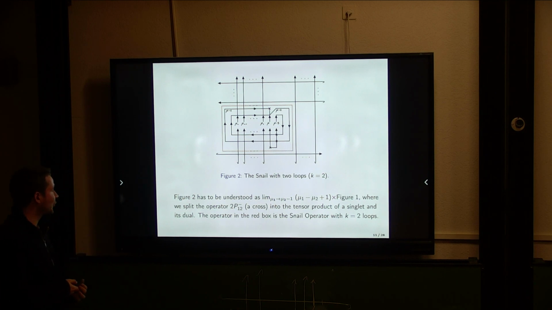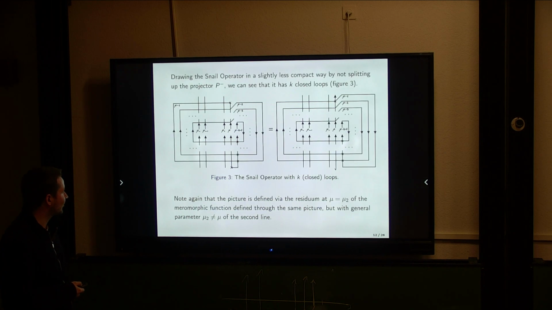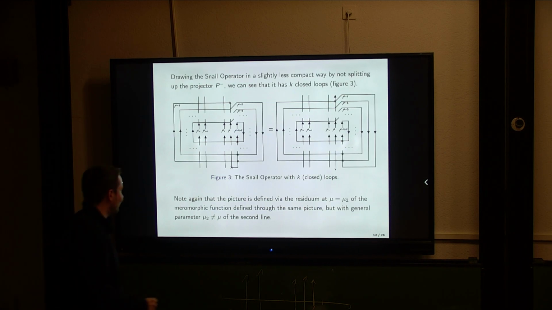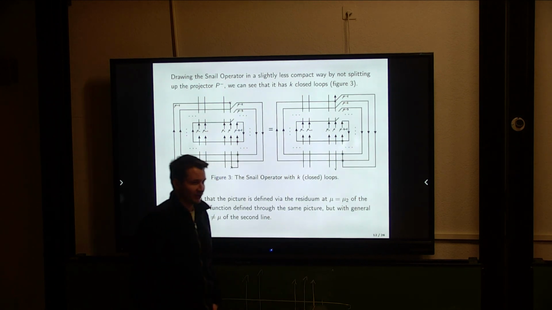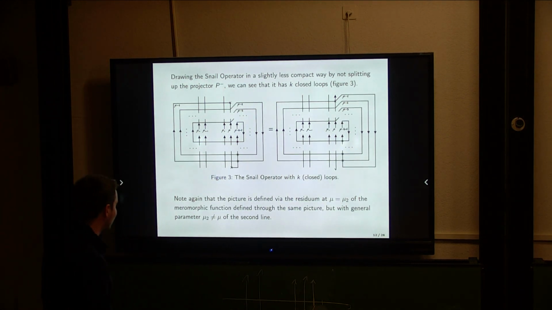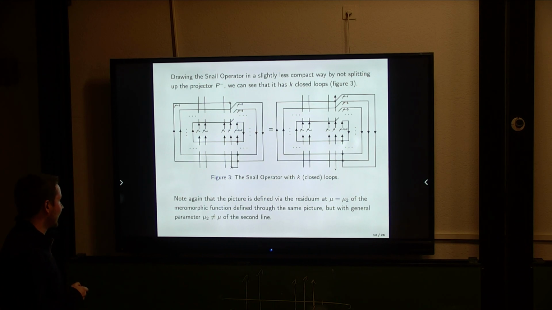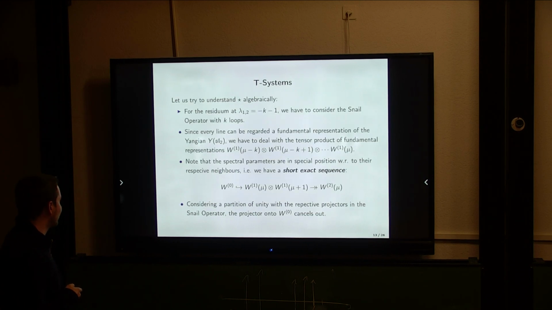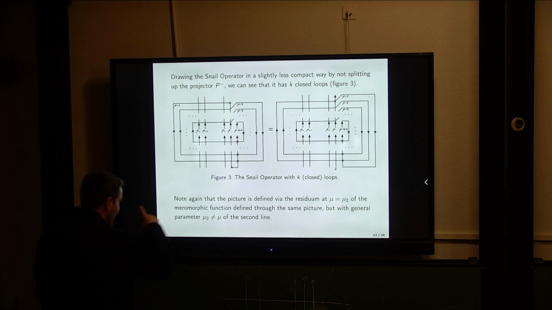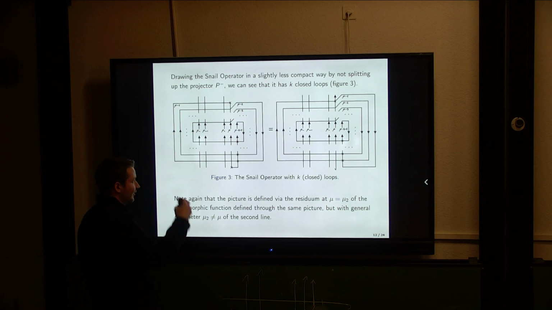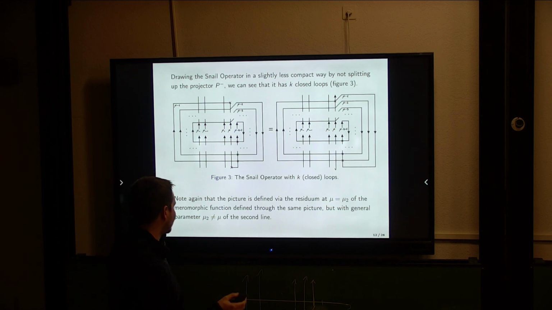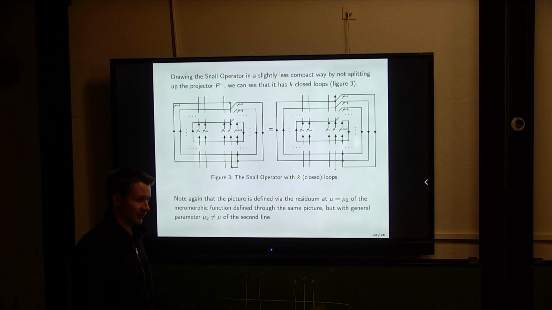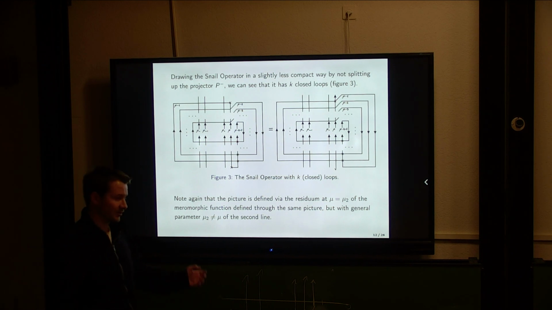This is a tiny way of writing it, but you can also equivalently take this picture. It doesn't matter if you decouple this singlet. So what you see is that in this Snell operator there are closed loops of fundamental representations of the Yangian.